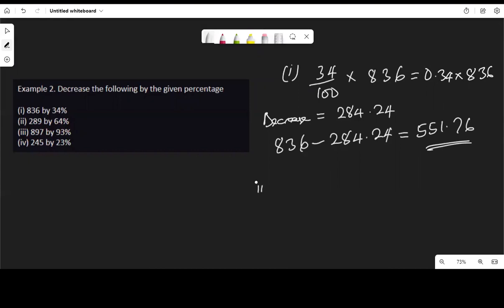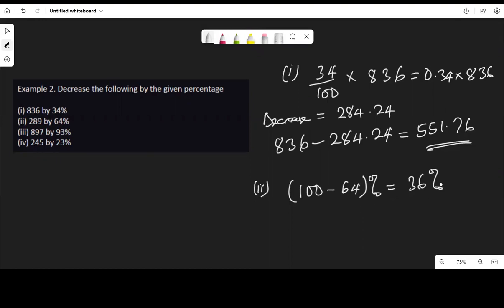Now for question 2, I'm going to use the second method. In this case, I'm going to subtract 64% from 100% and then calculate the percentage for the resultant, because we are decreasing this value by a given percentage. So 100 minus 64 percent is 36%.